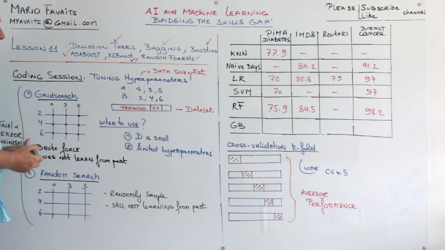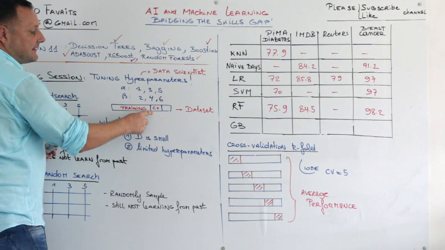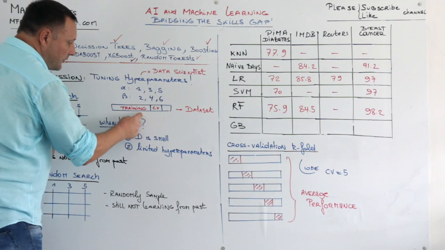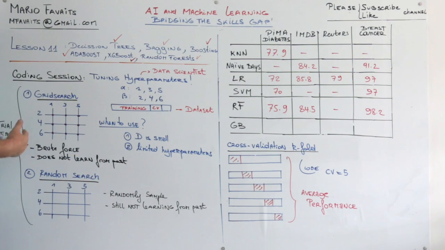You can see why this will be slow, because you have to go through the whole training set and cross-validate for that single point. For the next point, again go through the whole training set and cross-validate. So you have to go 9 times through the training set and cross-validate.